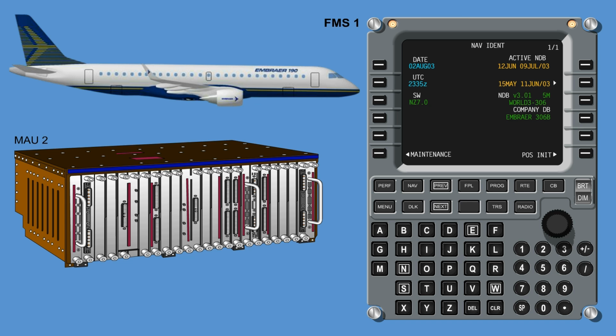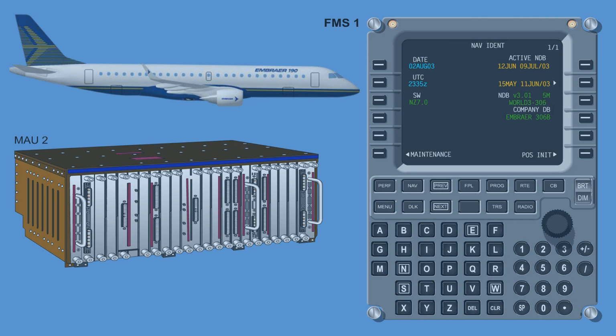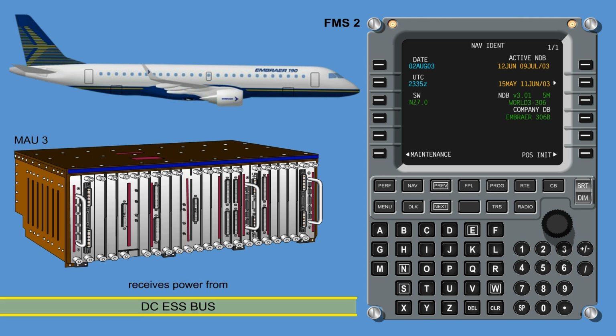The FMS1 function resides in MAU2 in the forward electronics bay and receives power from DC bus 2. The FMS2 in a dual installation resides in MAU3 in the center electronics bay and receives power from the essential bus.